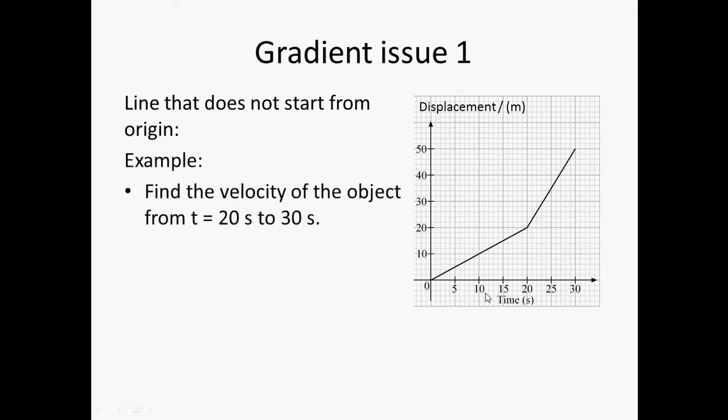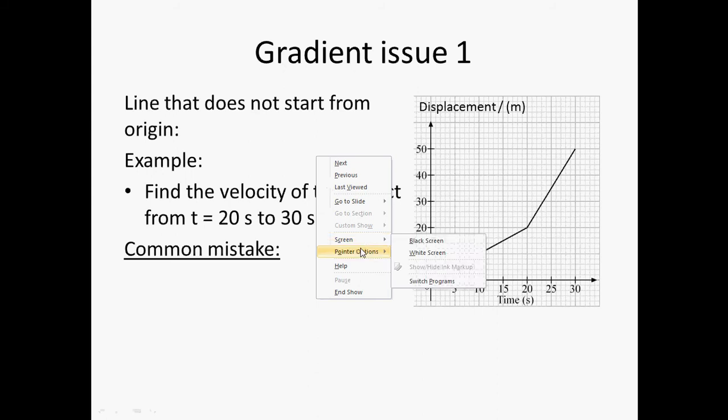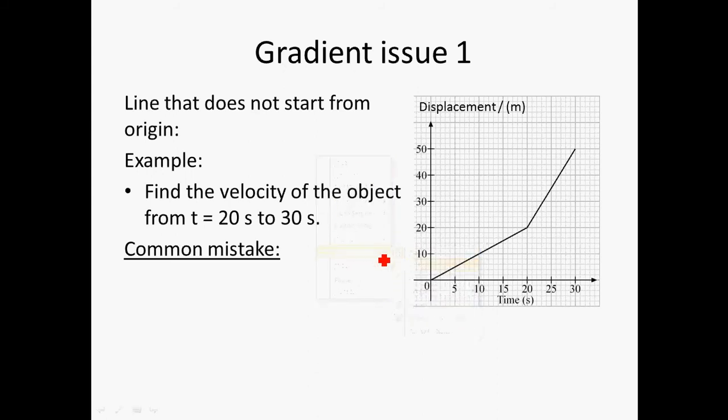For example, if they ask you to find the velocity of the object from t equals 20 to 30 seconds, a common mistake that students make is that they usually like to find the last point on the line as the point where they draw the rise over the run. Then they use this as their rise, and this as their run.